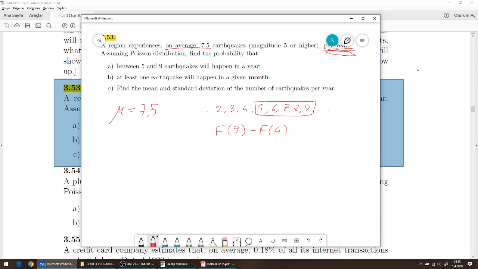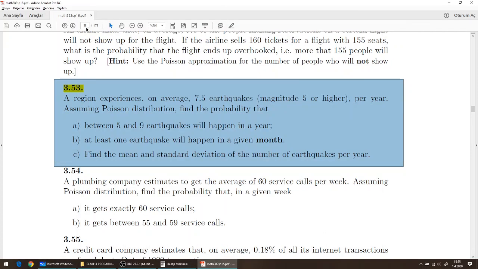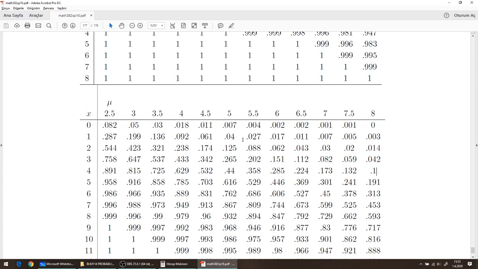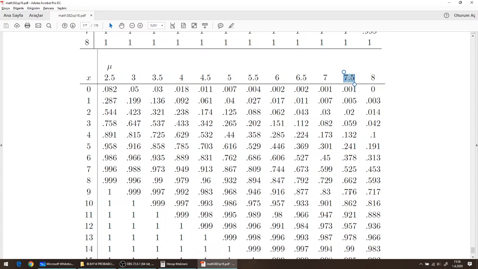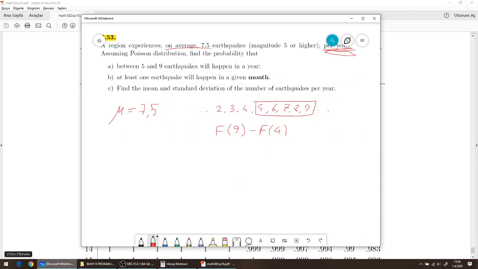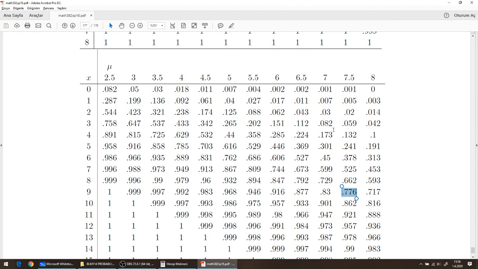Don't forget 7.5, 9, and 4. Mu is 7.5. That's it. 9 and 4. This is 9. And 4.